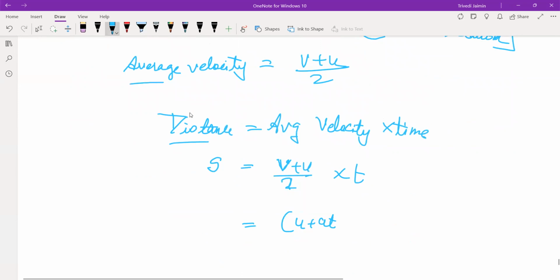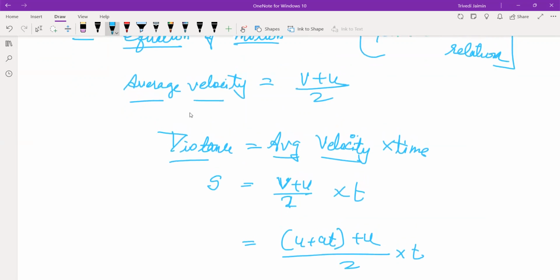How to take the average? Sum of those quantities, divided by the number.